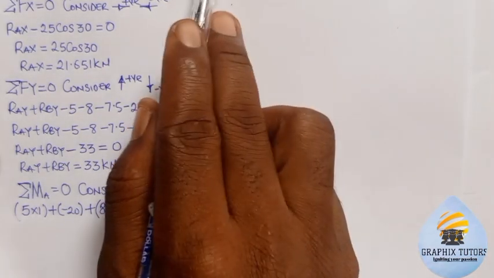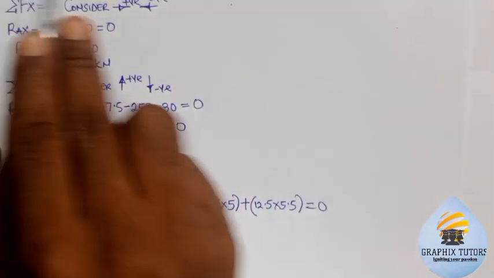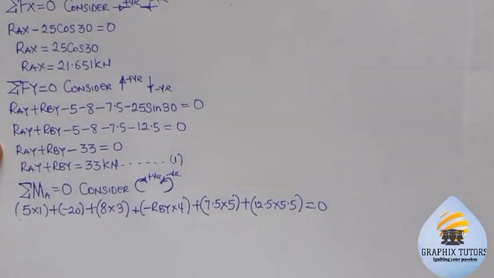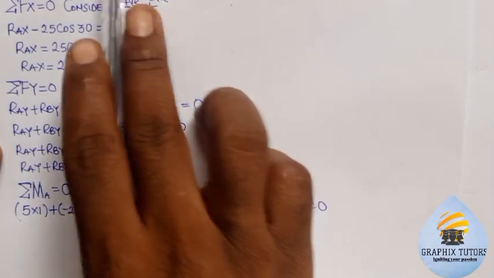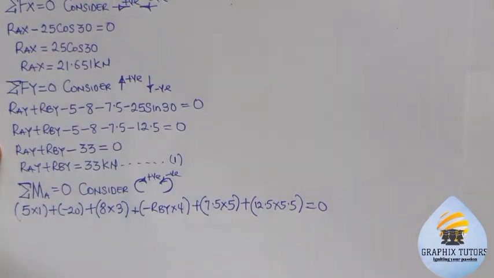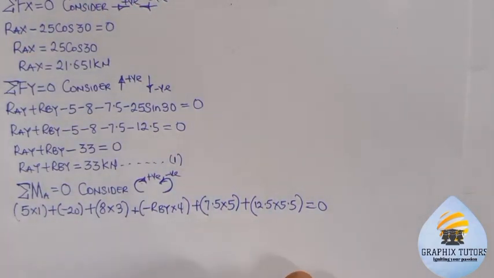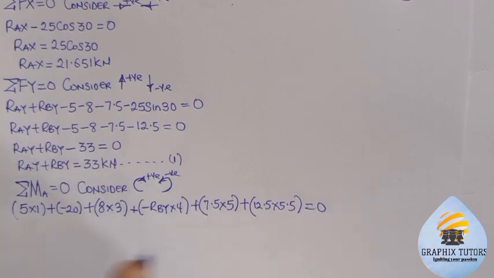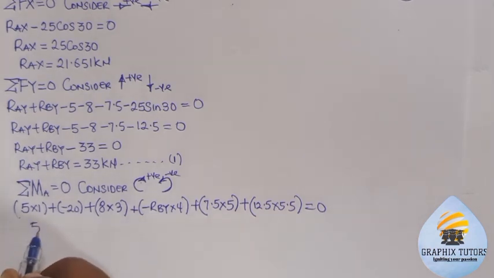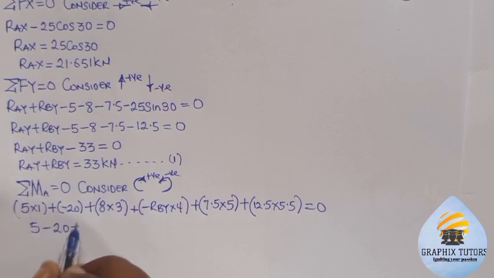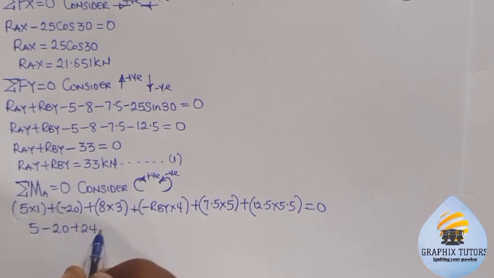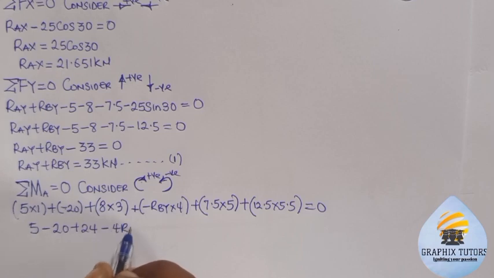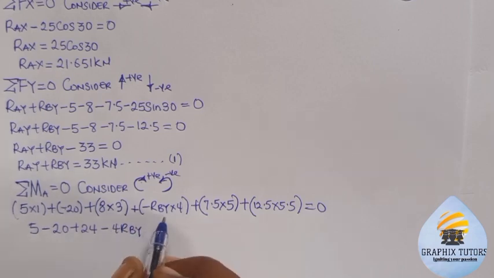I can't use this because this is not perpendicular to this distance here. It is horizontal, so I'm only using the perpendicular distances. And from here we'll now start. We know that 5 times 1 is 5, minus times plus is minus, so we have 20 plus 24 minus 4 RBY, right?